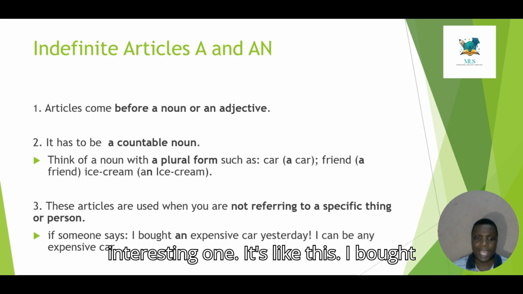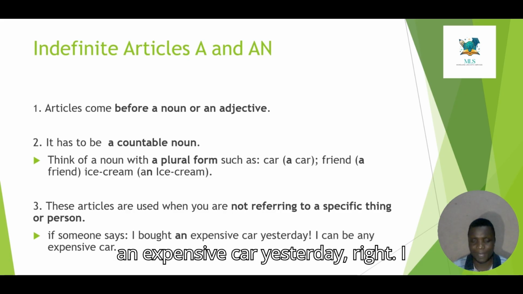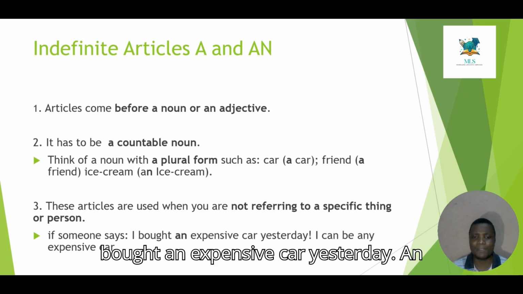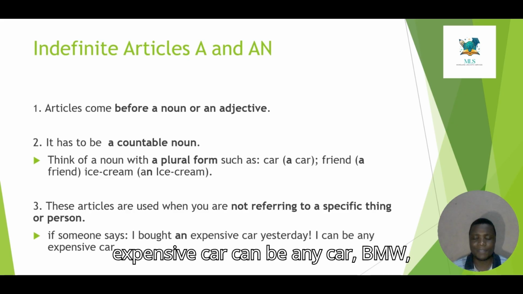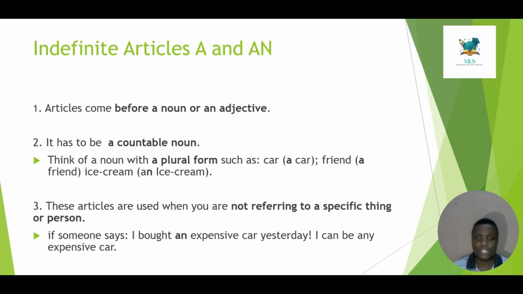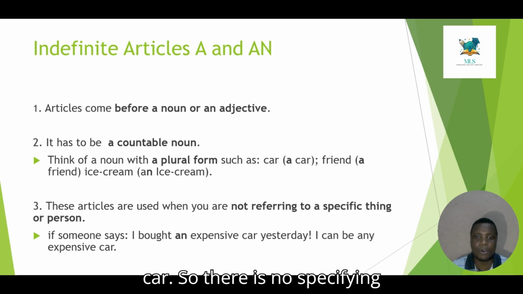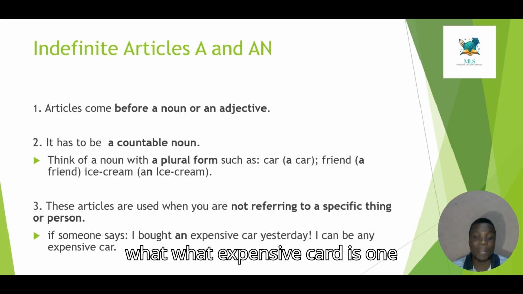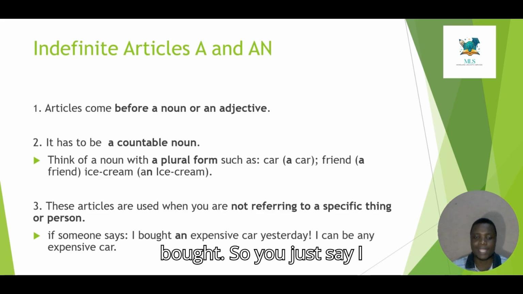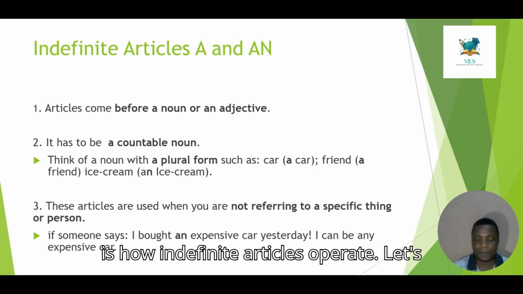I bought an expensive car yesterday, right? An expensive car can be any car, BMW, Mercedes, wherever. So I wrote here, it can be any expensive car. So there is no specifying what expensive car this one bought. So you just say I bought an expensive car. So this is how indefinite articles operate.